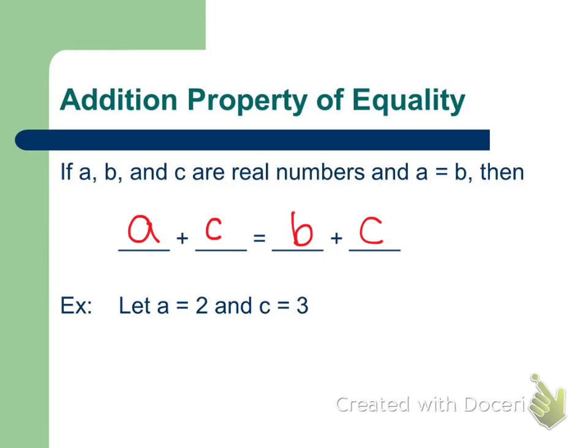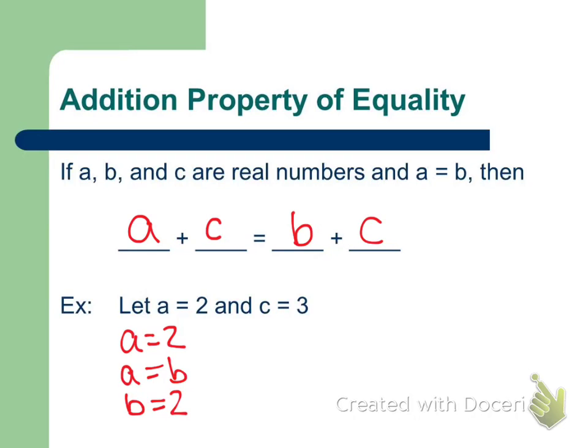So they want us to show an example where we have A equal to 2 and C equal to 3. So if A is equal to 2 and A is equal to B, then what is B going to equal? 2. Alright, A equals 2, A and B are equal, B must also be 2.